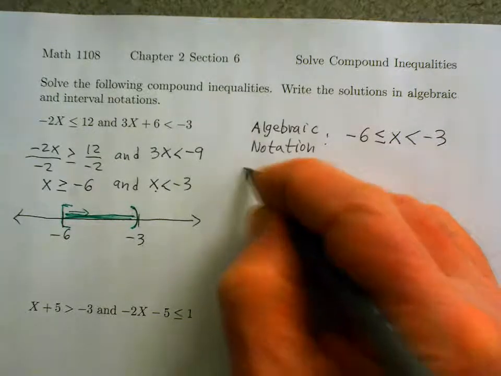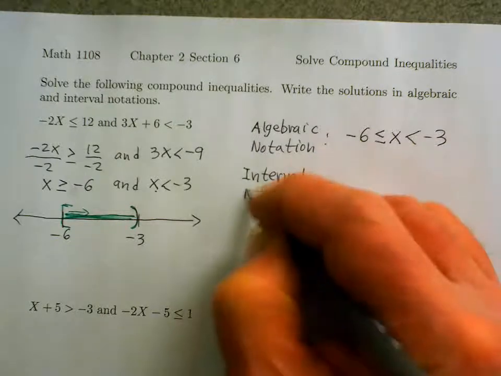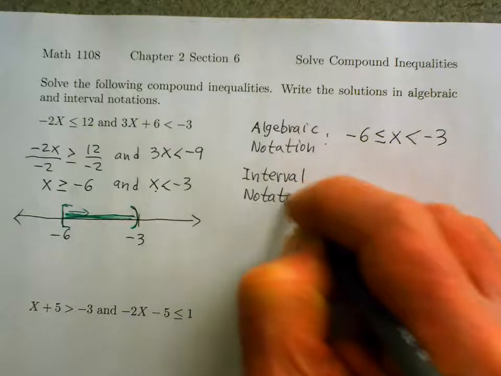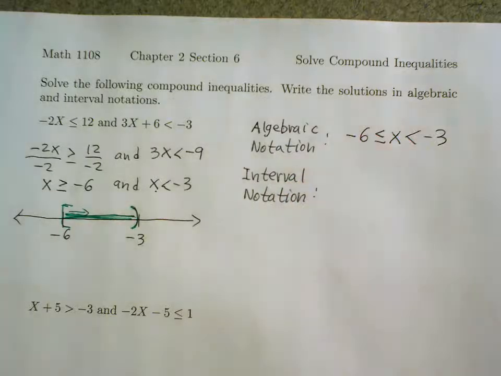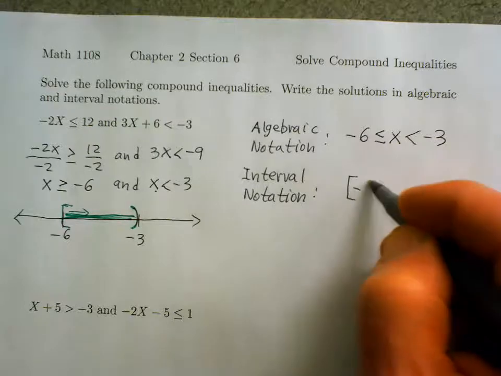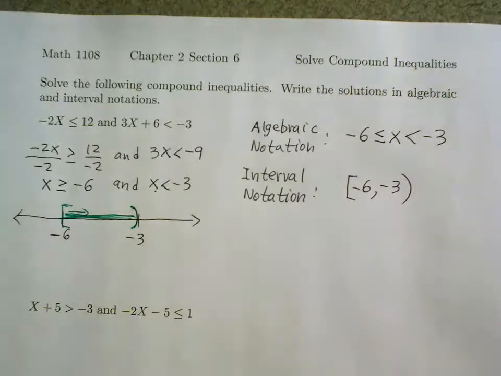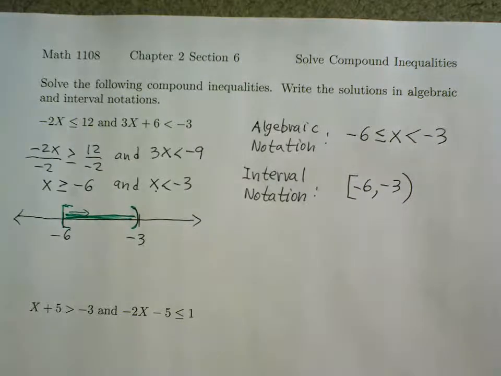And then the interval notation, bracket -6, comma, -3, parenthesis. Okay, the next one.